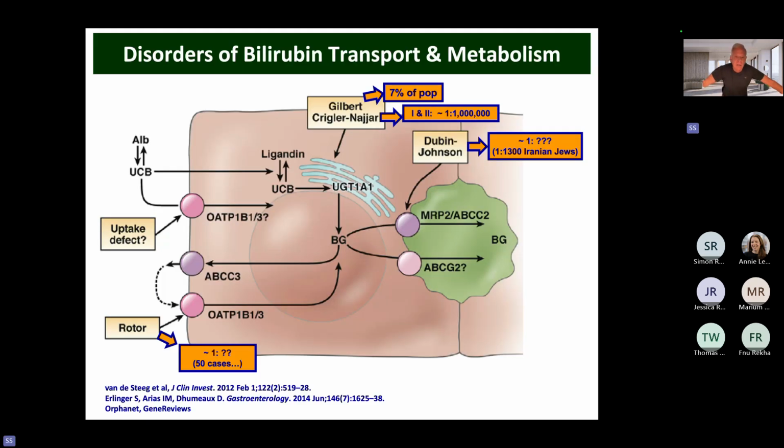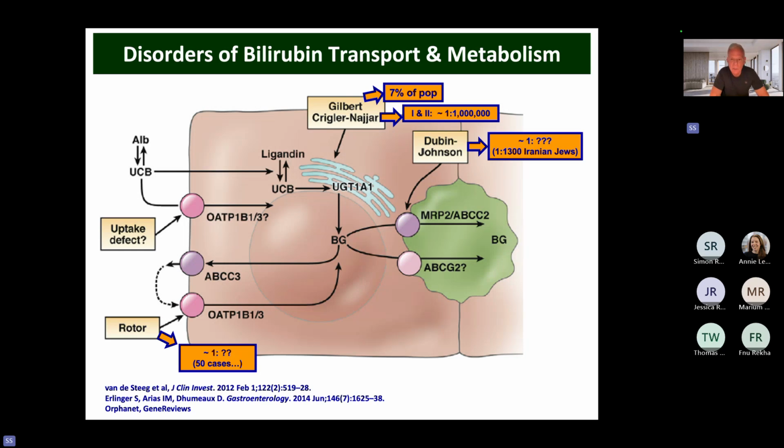This then is an overview of what I presented in the previous slide regarding the disorders of bilirubin transport and metabolism. We can have an uptake defect, or perhaps a delayed uptake, which is thought to be associated with Rotor syndrome, and a problem in the level of functioning of the organic anion transport protein.